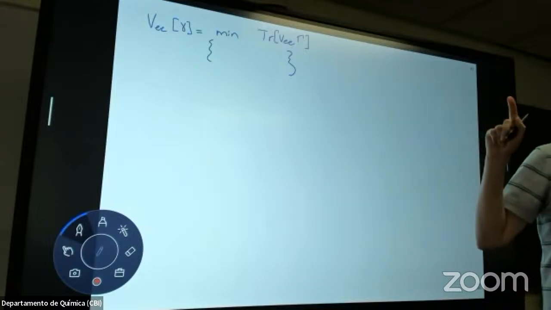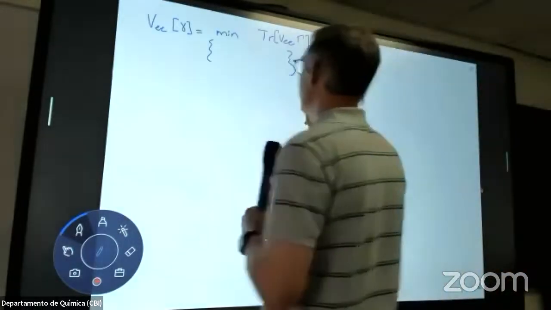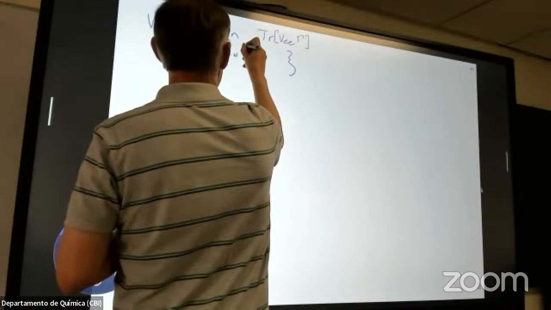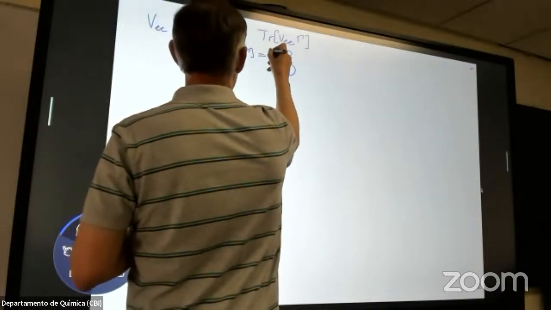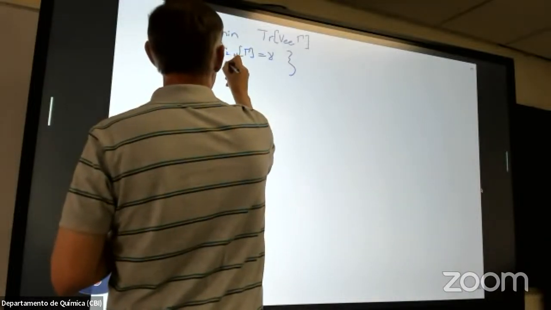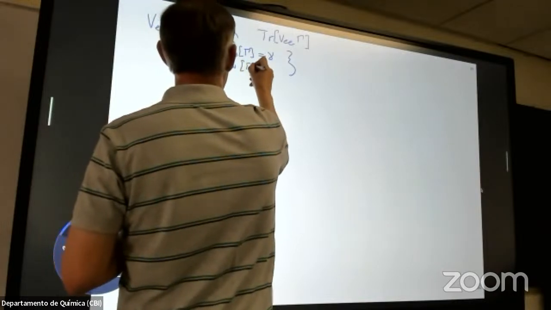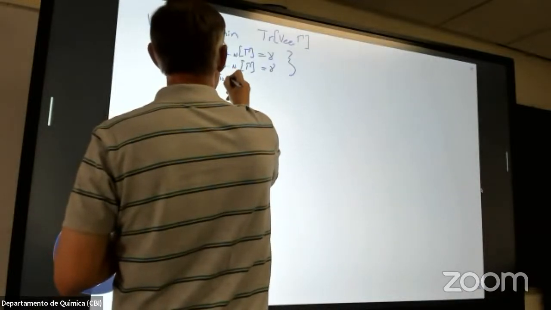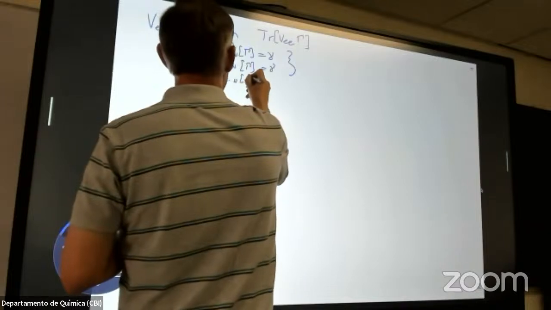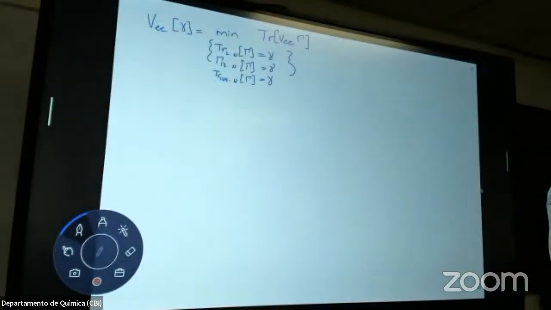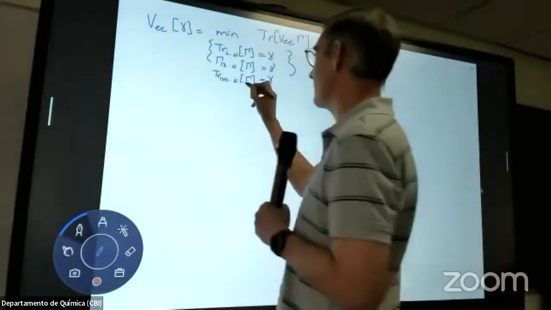Subject to some constraints, and the main constraint is that the partial trace, so if you get rid of all but one of the electrons of the N-electron density matrix, then you get the one electron density matrix. It doesn't matter which electron you decide you want to leave out. Right? You can trace over all but one of them. It doesn't matter. You always get the same one electron density matrix.